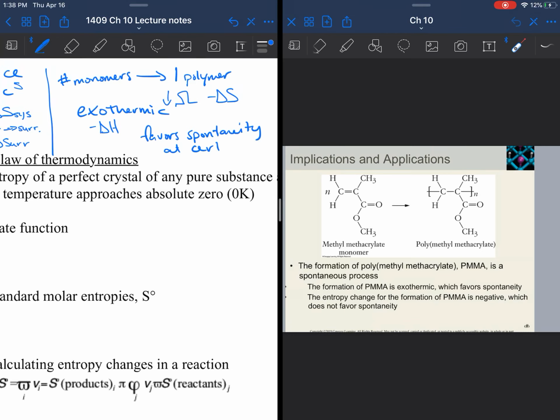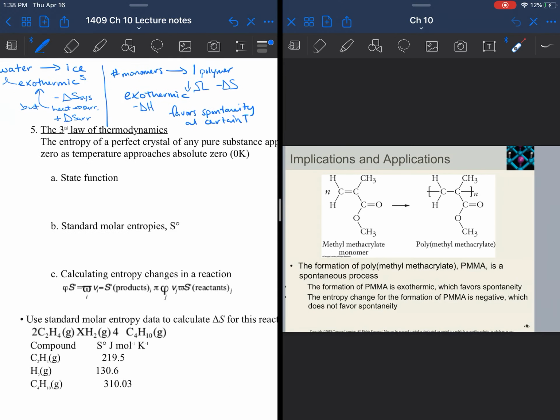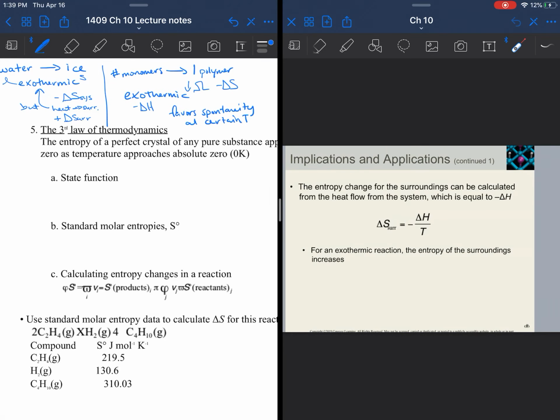It's going to be at certain temperatures. That's going to be important. We're going to see that delta S of the surroundings is going to be related to delta H, whether it's endo or exothermic, and the temperature. The temperature is going to be really important here.